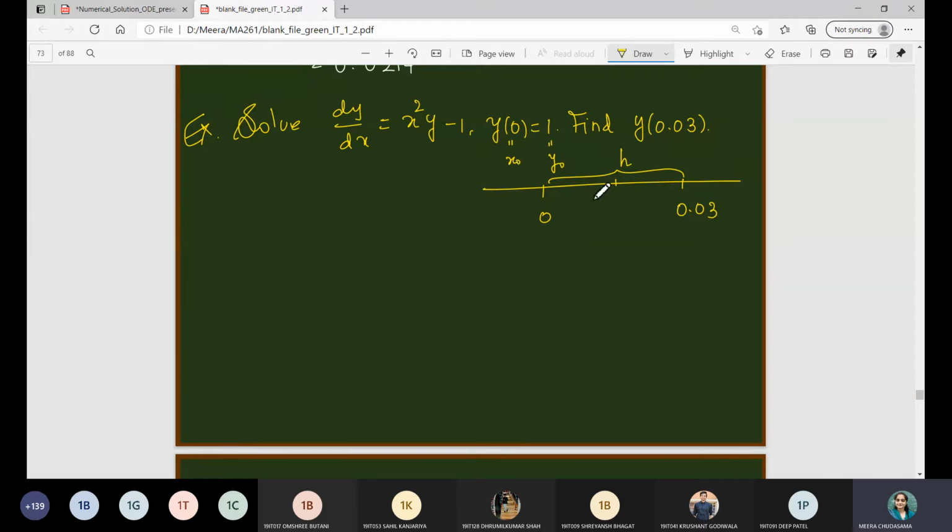If you go for two iterations, what will be the step size? आपको अगर नहीं समझ में आ रहा तो आप ऐसे भी कंप्यूट कर सकते हो. हाउ वी हैव कंसिडर स्टेप साइज एज x0 plus nh जो है वो क्या देगा आपको, xn देता है. तो nh is equal to xn minus x0. तो xn meaning the last point you want to evaluate, that is 0.03 minus initial point, we are given this one.